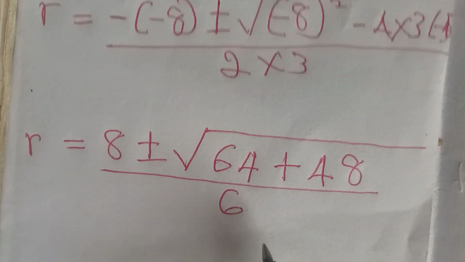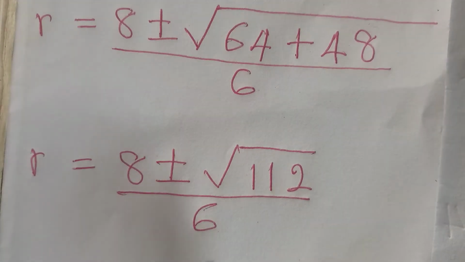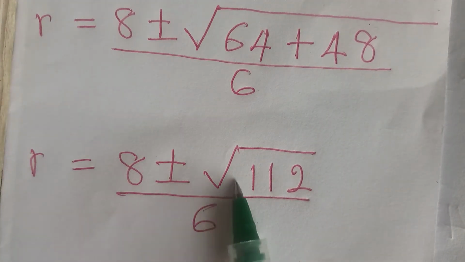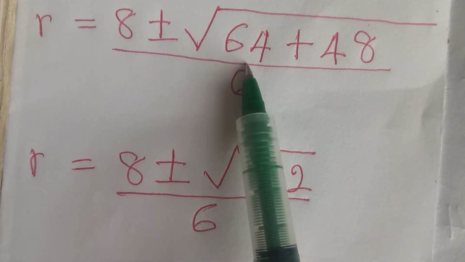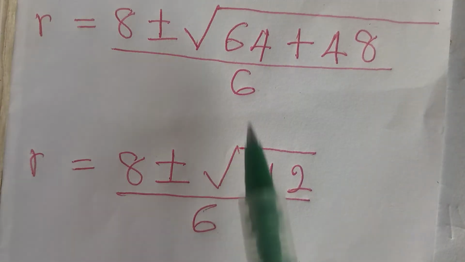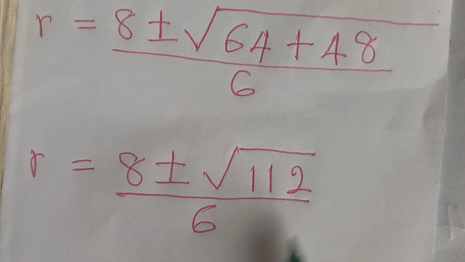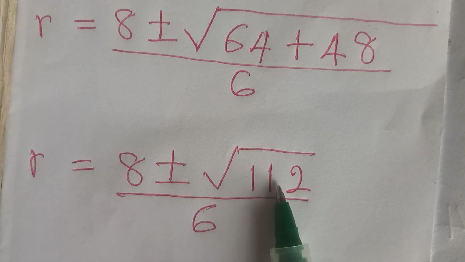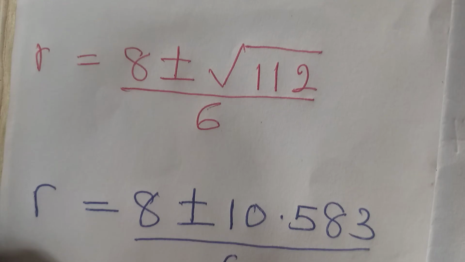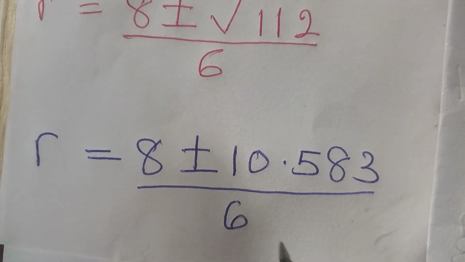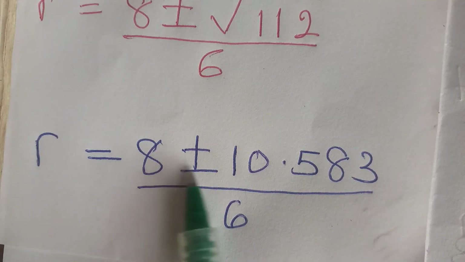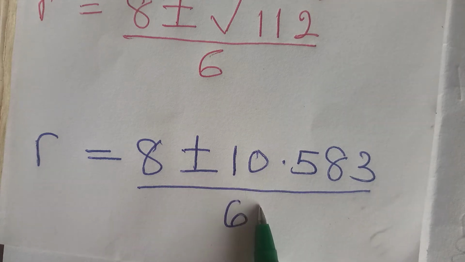Now, having done that, you will have r equals 8 plus or minus the square root of 112 all over 6. 64 plus 48 is 112. This 6 is still here. Now, 112 is not a perfect square, so you use a calculator to find its square root.